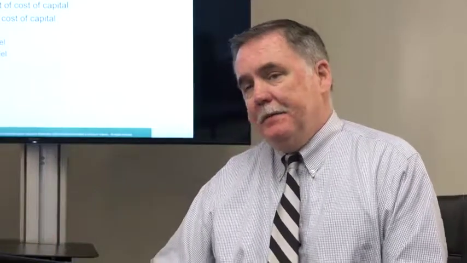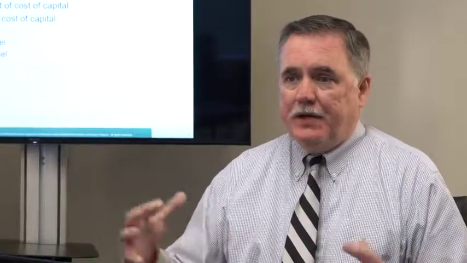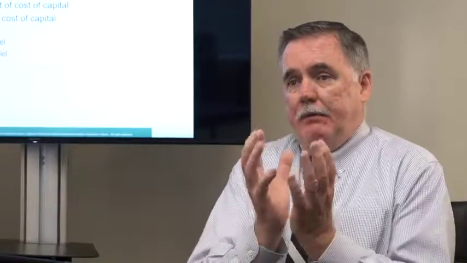We assume that you're familiar with the capital asset pricing model. In the capital asset pricing model, the cost of equity equals the risk-free rate plus the beta times the equity risk premium plus alpha, being size risk and specific risk of the subject company. So that's how we arrive at the cost of equity.